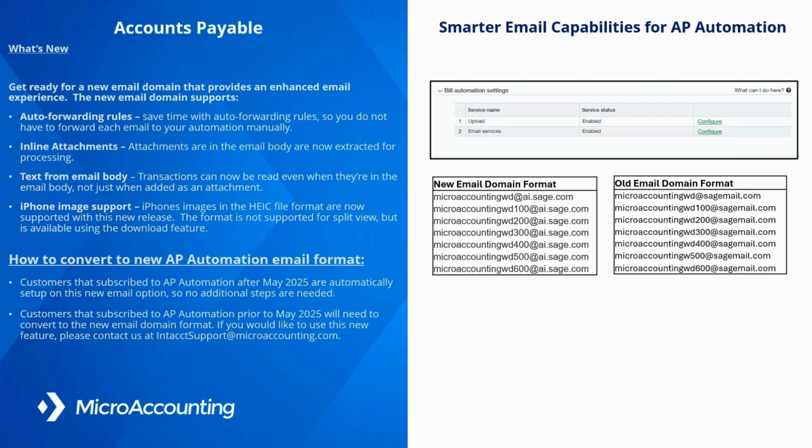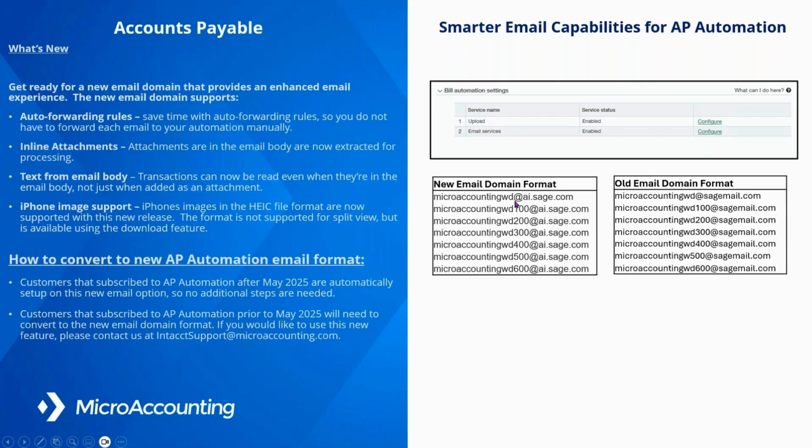What action is needed to move over to this new format? If you are new to AP automation from May of 25 on, your emails were set up in this format, and so you're already supported. You can create forwarding rules if you'd like.